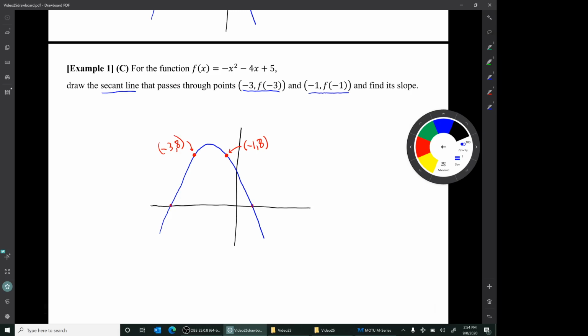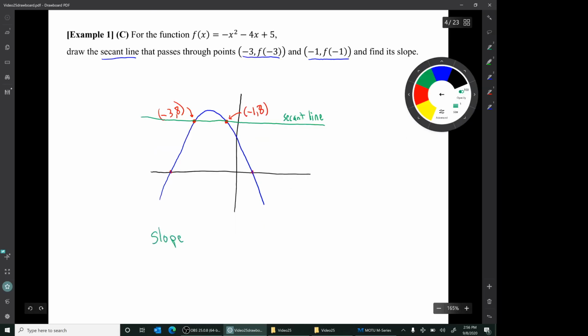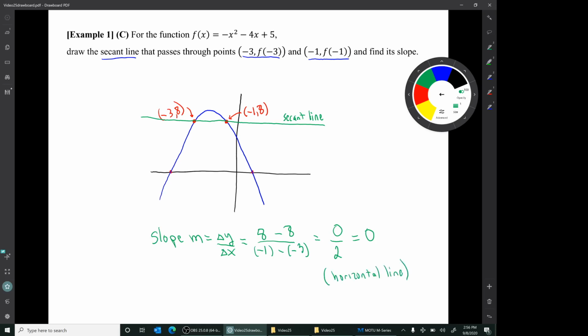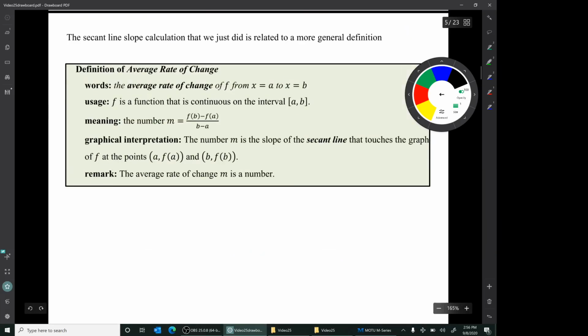So the line that we need to draw is the line that passes through those 2 points. And we need to find its slope. So we computed the slope using the standard delta y over delta x form, and we got, of course, that the slope is 0, which we were expecting because that's a horizontal line.